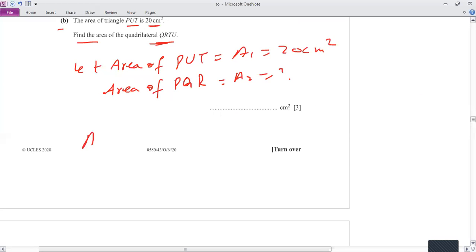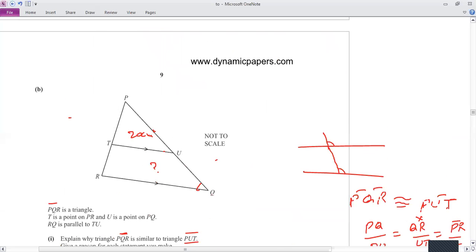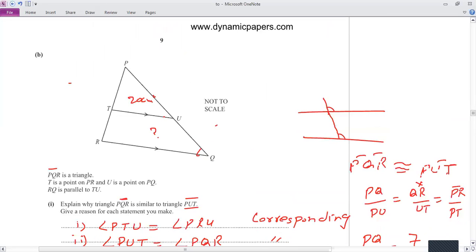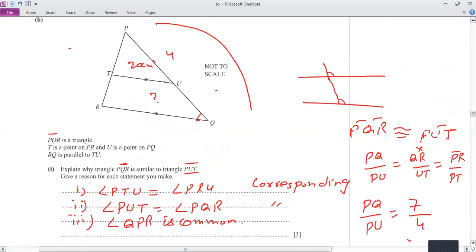Remember the formula: the ratio of the areas is equal to the square of the ratio of the corresponding sides. We know PU is 4 and PQ total is 7, so these sides are corresponding.